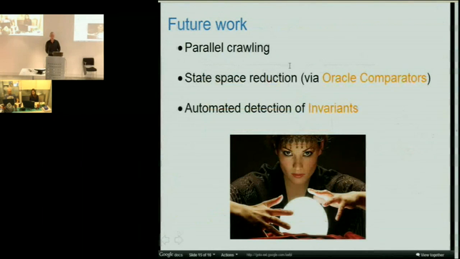As future work, we are going to work on parallel crawling, because crawling can take some time, so we would like to do it in parallel, on multiple computers or multiple threads on one computer. A related thing is state space reduction. The fewer states there are, the faster the crawling goes.